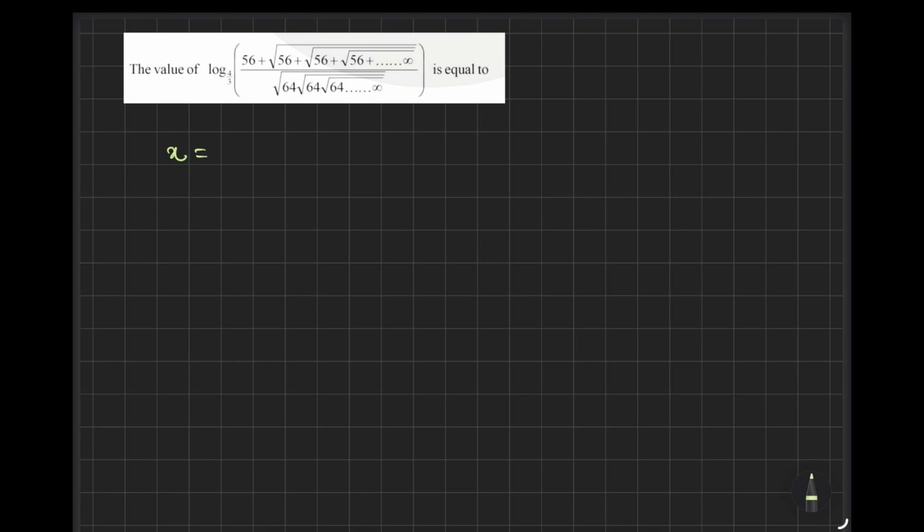So suppose I am having a problem with this: root 56 plus root 56 plus root 56, and this will keep going till infinity. Now look at this part.